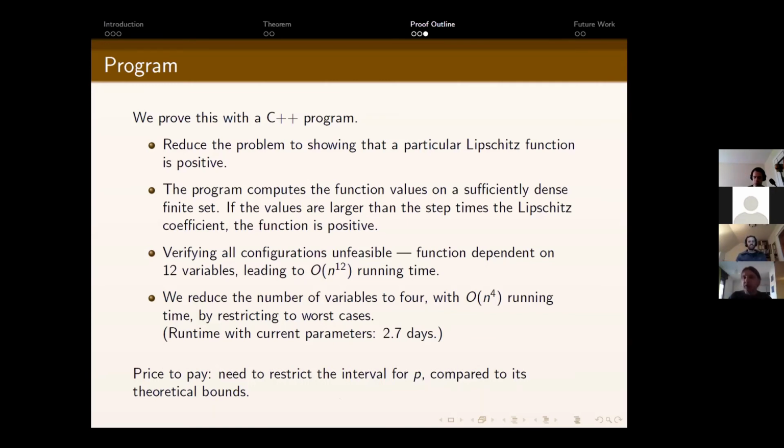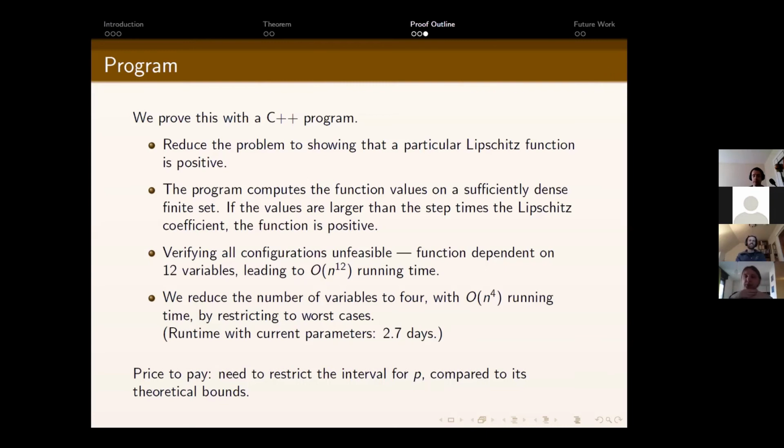Well, the function turns out to be Lipschitz. It's defined on a compact domain, so you can calculate the values of the function in a finite, dense enough lattice in that domain.